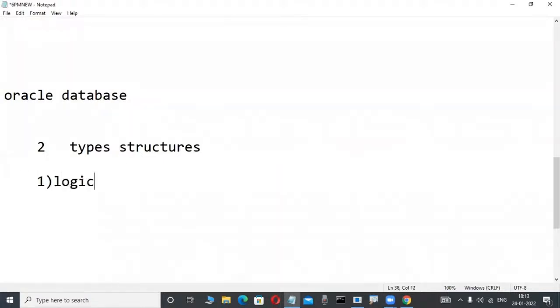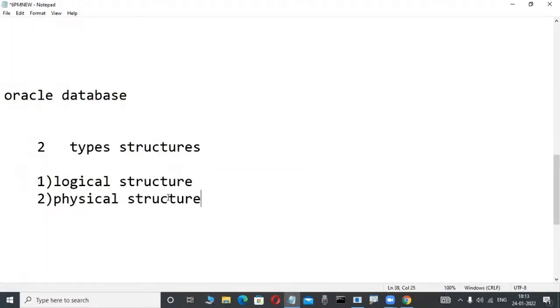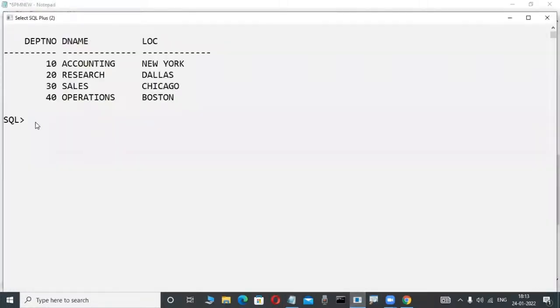Slowly observe here. Logical structure and physical structure. What does logical structure mean? Suppose you are creating a table or anything in your database, for example.